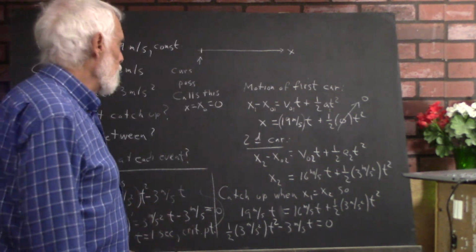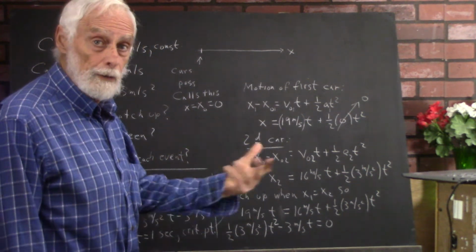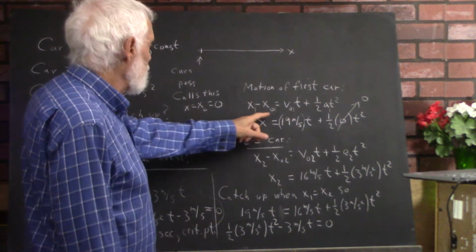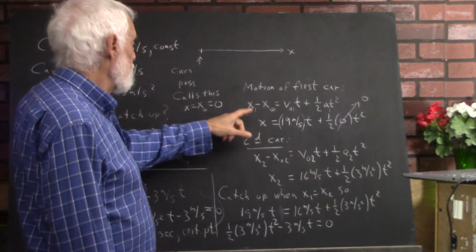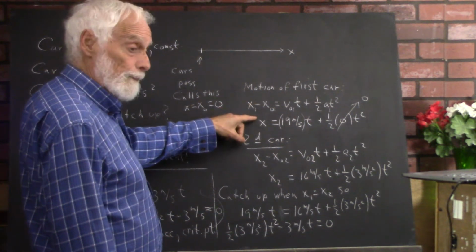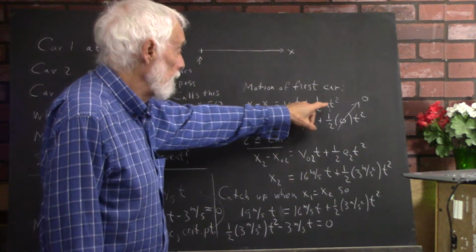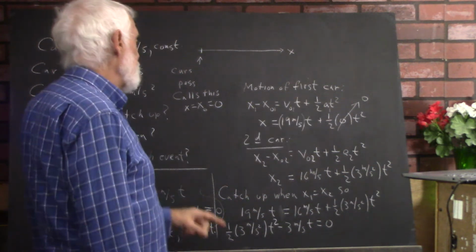Motion of the first car, then, you just write the kinematic equation for uniformly accelerated motion. The first car has x0 equal to 0. I'm going to call the position of the first car x1, and I'm going to subscript the variables x0, v0, and a as x01, v01, and a1.